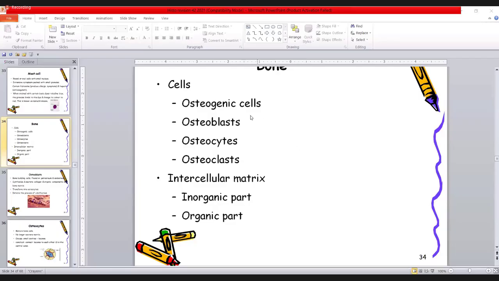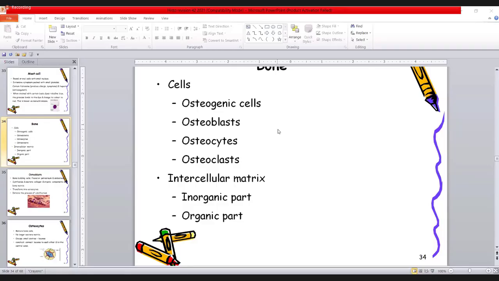The first thing, remember the fibroblast and fibrocytes; the same principle you can apply here. Osteoblasts are immature cells, therefore they are active cells. If active, where would they be occurring? Found in the periosteum as well as in the endosteum.